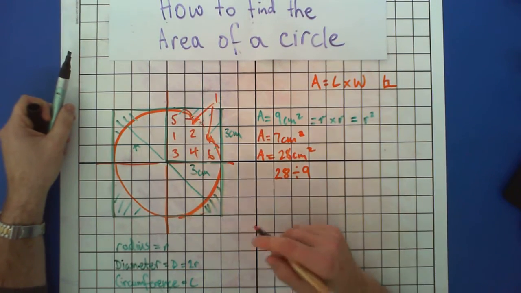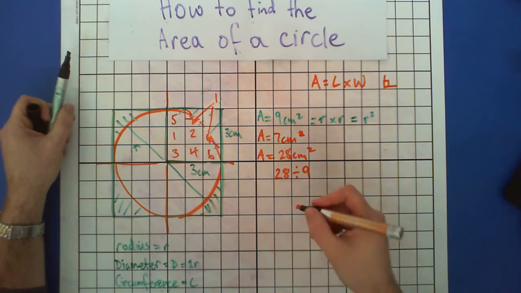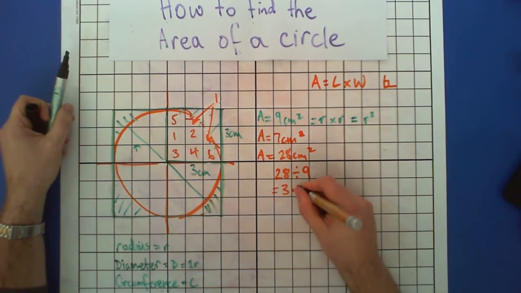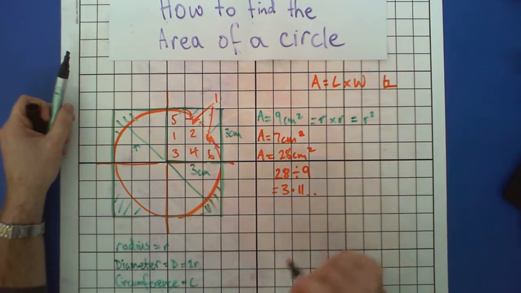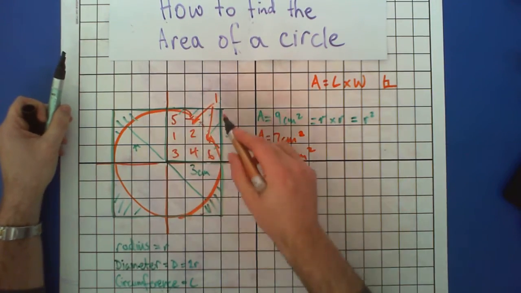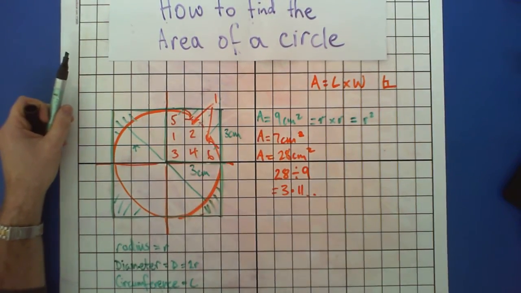What is that? Because that'll tell me how many I need. When we do that, we find that we get 3.11 and so on. Okay, so this would tell us that we need a bit over 3 of these big green squares to form the area of our circle.